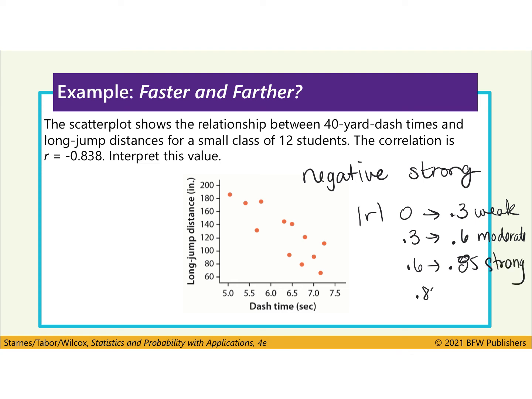And 0.85 to 1, we'll call very strong. Okay. So we'll make our own little scale that we're going to use when it becomes like a judgment call. And remember, that's the absolute value of the number because the negative sign tells you the direction. It doesn't have anything to do with the strength.